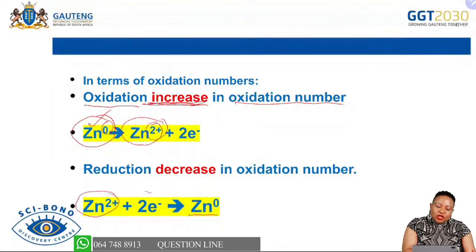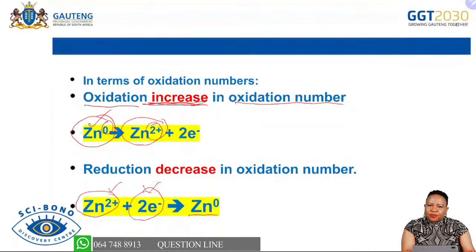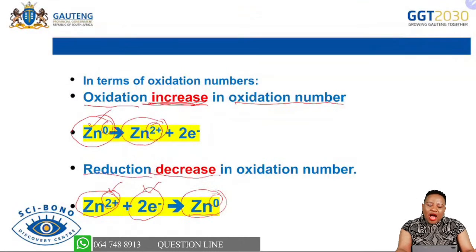So when zinc 2+ gains 2 electrons, I'm saying zinc 2+ plus 2 electrons, meaning that we are going to add the 2 electrons onto zinc 2+. Therefore, it will go back and become zinc. So the oxidation number changes from +2 to 0. That is why we say during reduction, where the electrons are going to be gained, there will be a decrease in oxidation number.